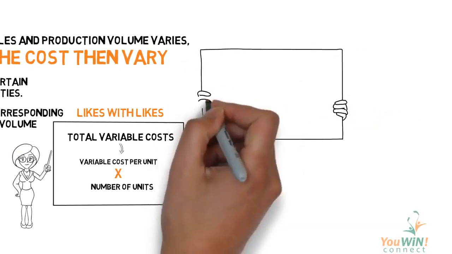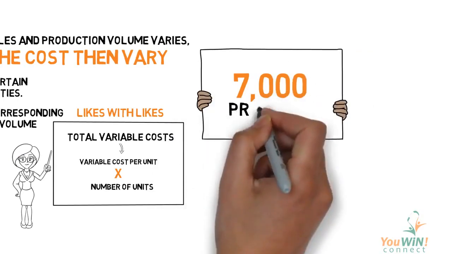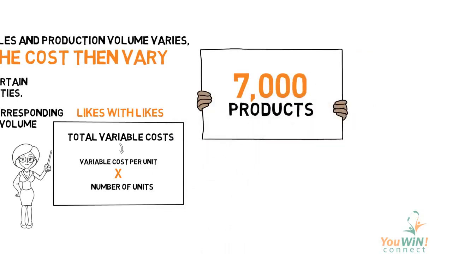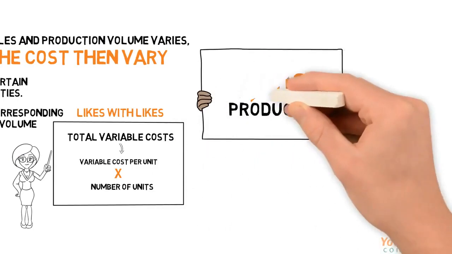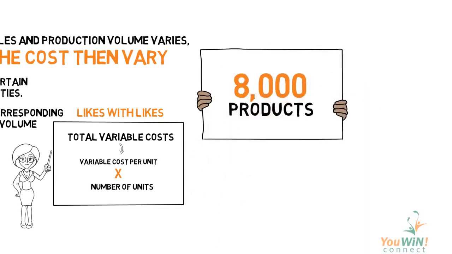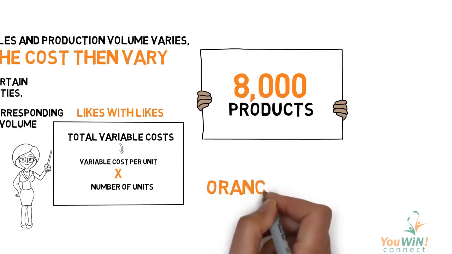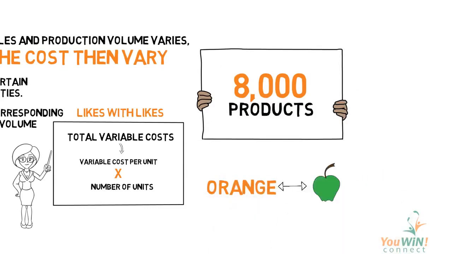For example, comparing a static budget at a volume of 7,000 products with the actual result of a volume of 8,000 products is not different from comparing an orange with an apple. The comparison leads to incorrect conclusion on cost variances.